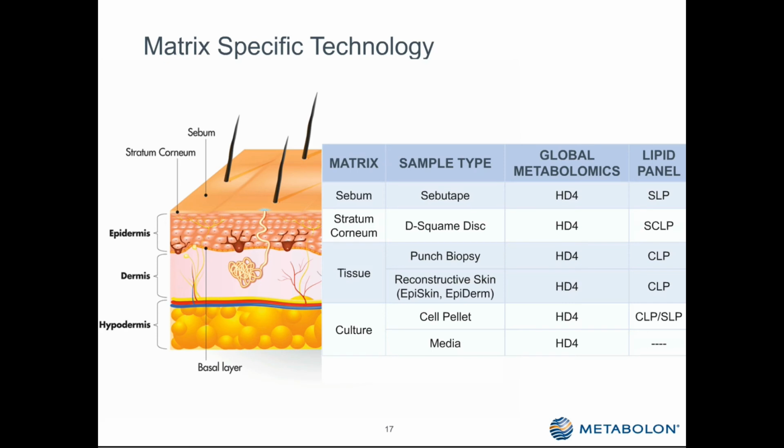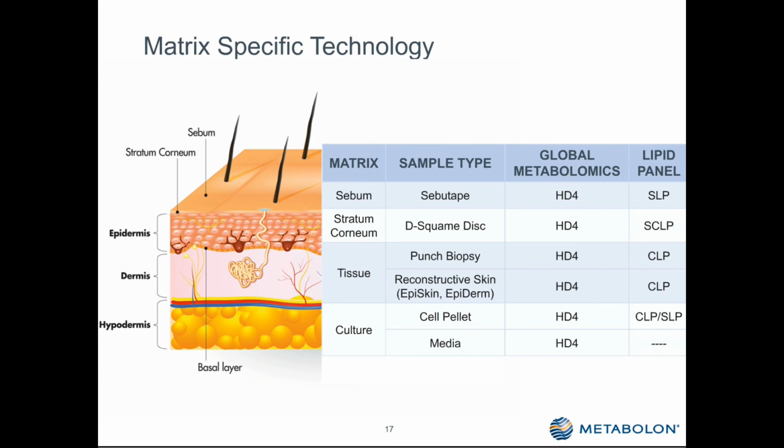So I just want to summarize everything up to this point. Skin is a very complex organ, and Metabolon has a lot of experience working with different skin-related tissues, including sebum, stratum corneum, tissue like skin punch or 3D culture, and we can also work with cells and media as well.